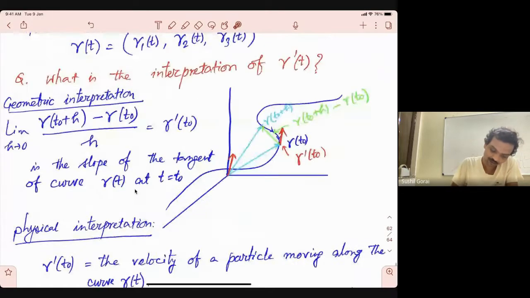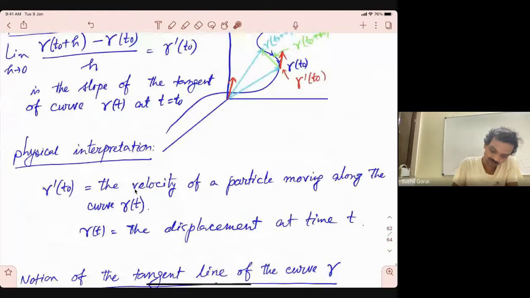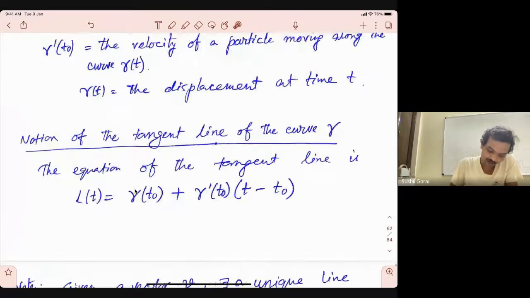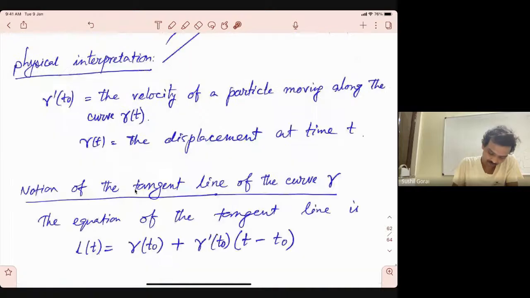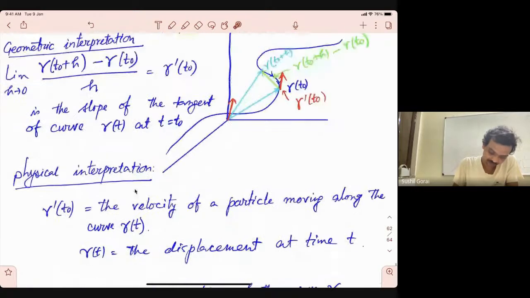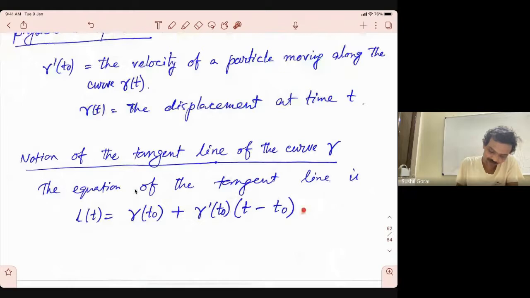If t naught were just the origin, then you would have gamma prime t naught times t. This is the line passing through gamma t naught, and this is the line passing through the origin, right?